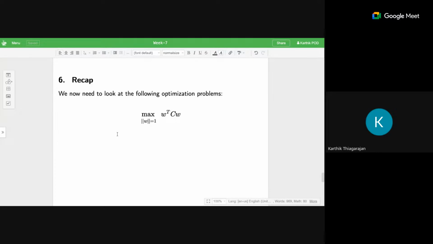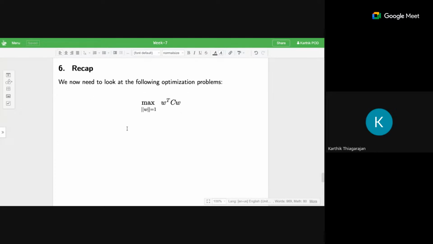Okay, so now let's look at this data set in slightly more detail. So let's look at the data set, which has n points, right? So it could be 100 points in R10, let's say. And the relationship with the covariance matrix.